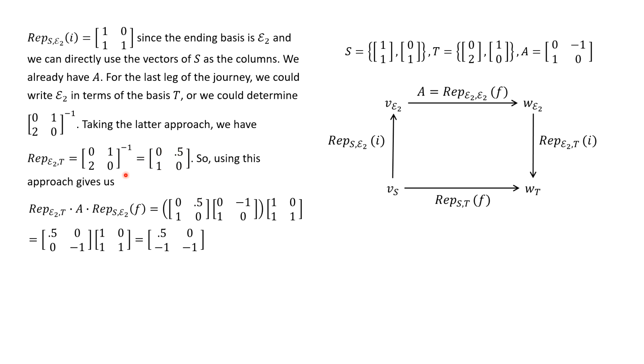And so now we have all the pieces we need. Here's our formula. We have the representation of E2 with respect to T, then our matrix A, and then the representation of S, comma, the standard basis with respect to the identity mapping, and that goes here.